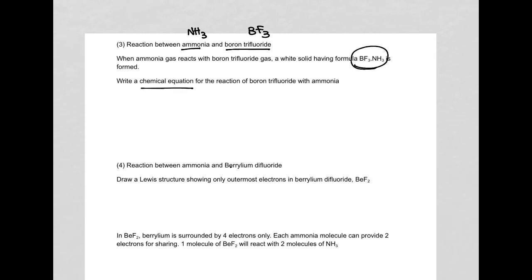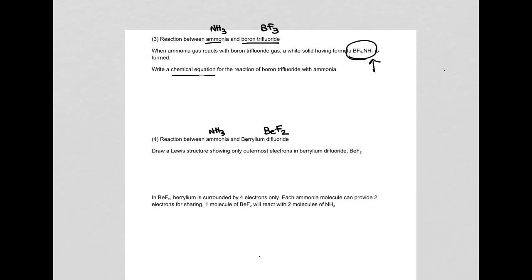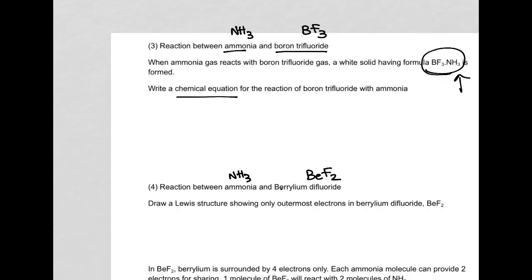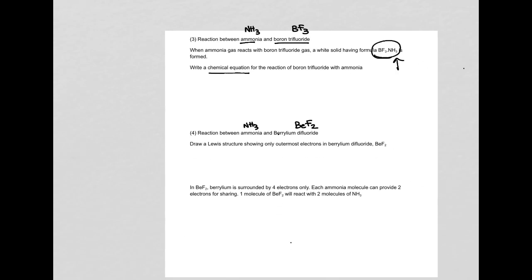Draw the compound BF3NH3 where you have a coordination bond here. Similarly, between ammonia and beryllium difluoride, which looks like this. Boron here has vacant orbitals and beryllium has vacant orbitals. So try to do these coordination compounds. Pause the video and then check your answer.